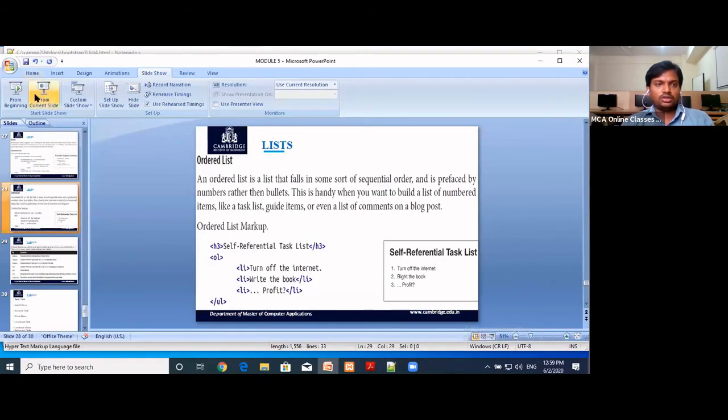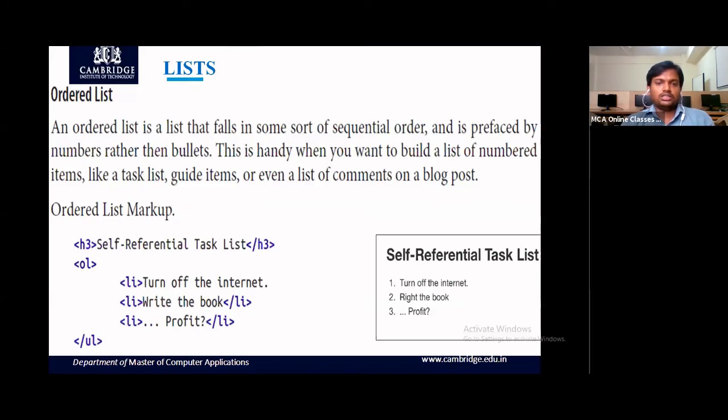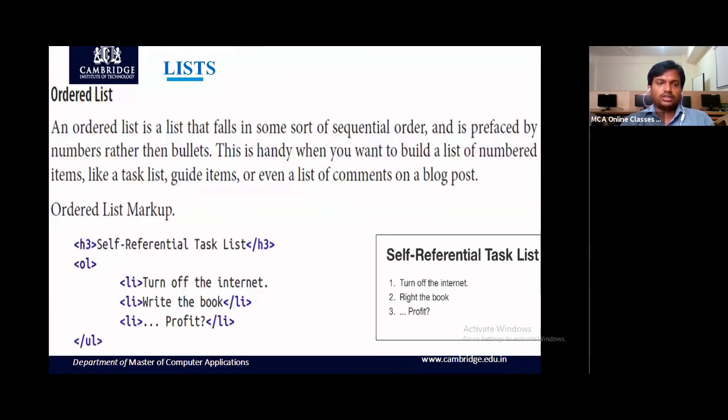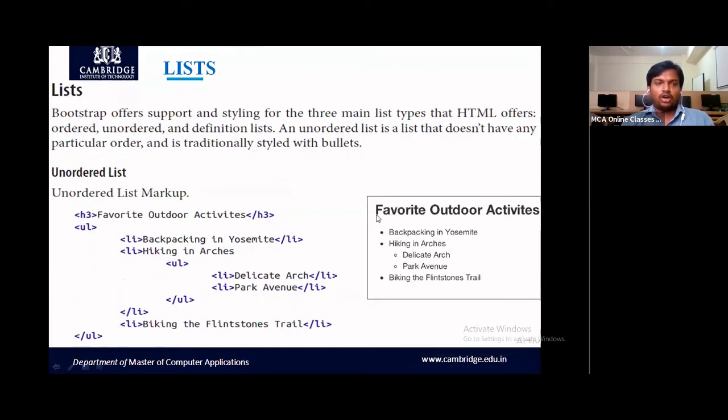So this is about the lists. There are 3 important lists in Bootstrap. Ordered list can be created by using OL and it will provide the numbers. Unordered list can be created by using UL and LI for listing the elements. Nesting is also provided; we can use nesting within an element.